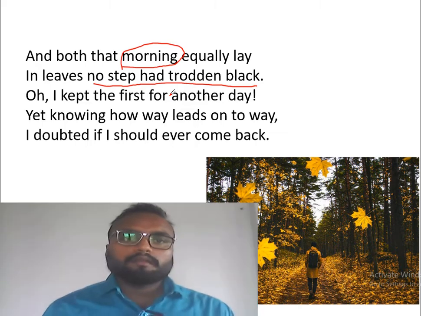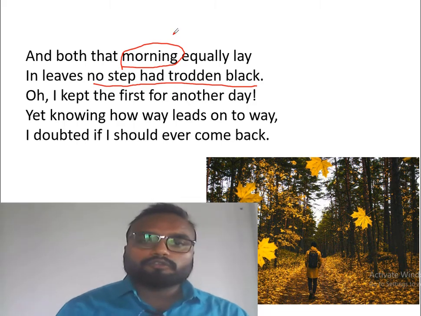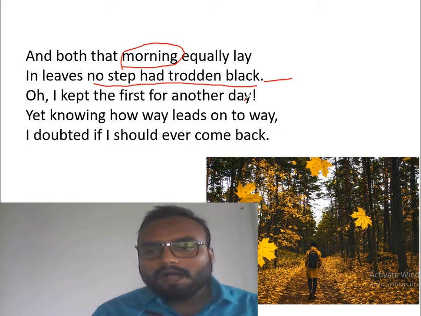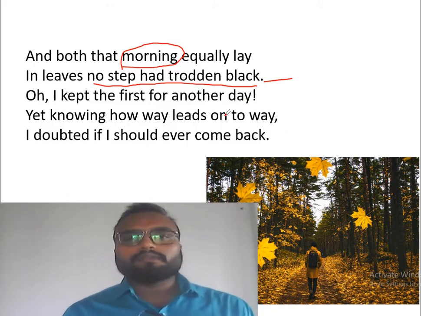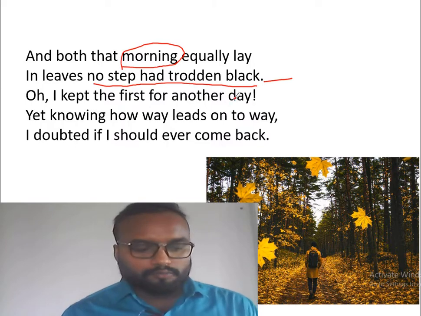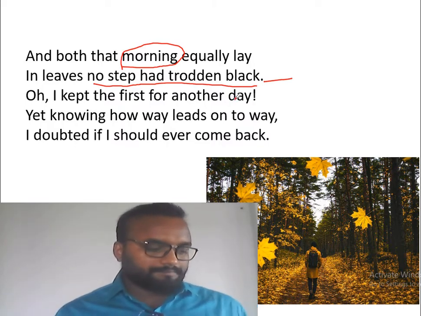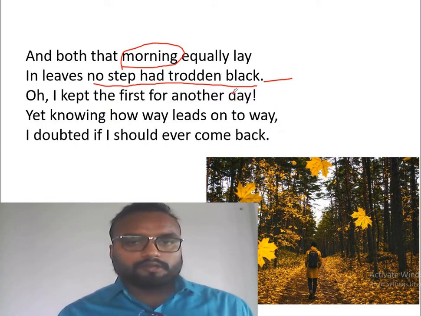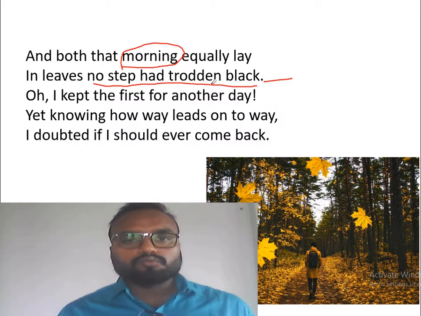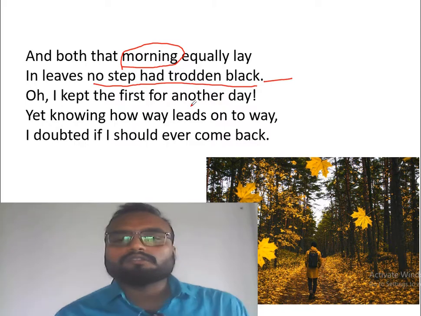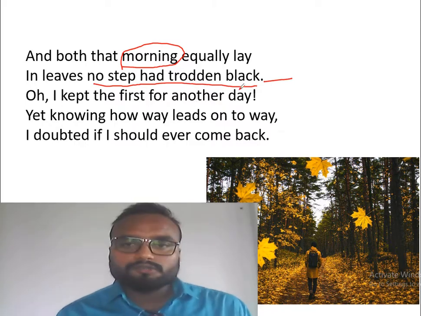So if that road had been travelled most, there would have been a mark, and the leaves on the road would have been trodden black. But here it was the same, it was not trodden black. Trodden here means walked. If travellers had walked that path, the leaves lying there might have turned black in color.